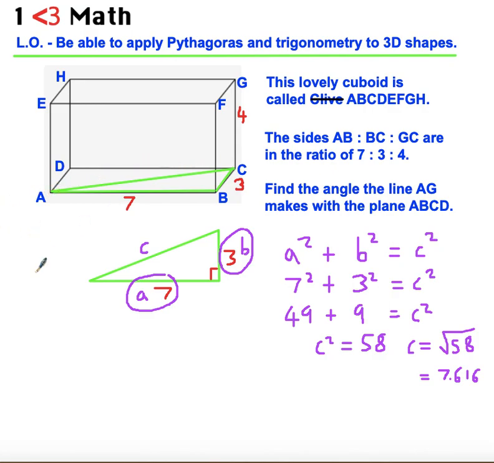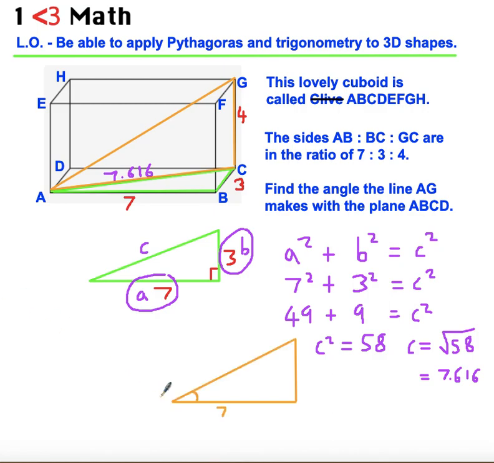Now we can form another right-angled triangle using that diagonal and involving the line AG, because we know that GC is 4. So here we are. This orange triangle is our next point of action. Again, I'm going to draw the triangle.